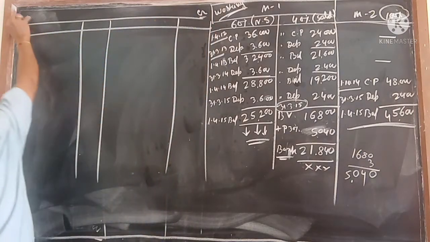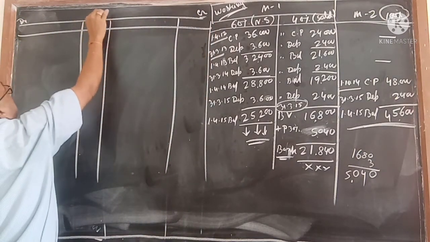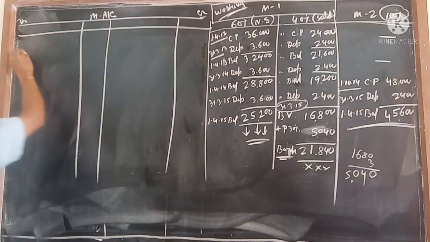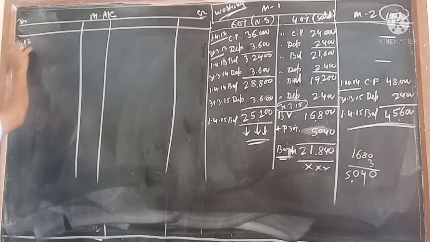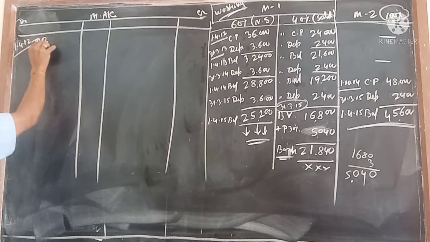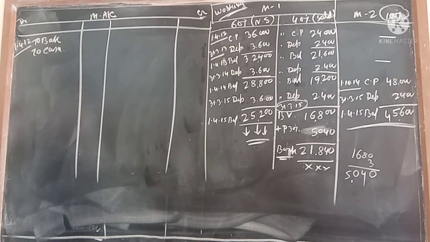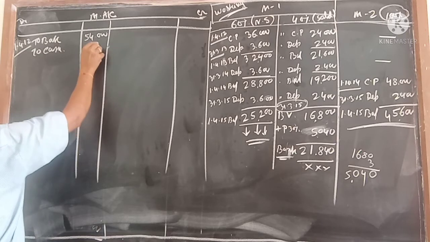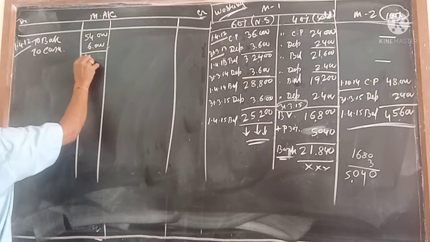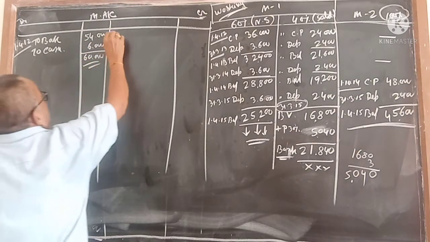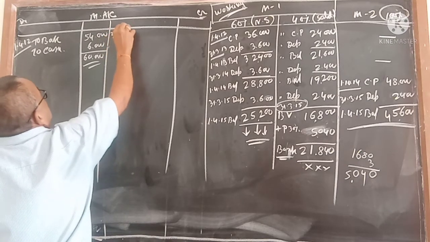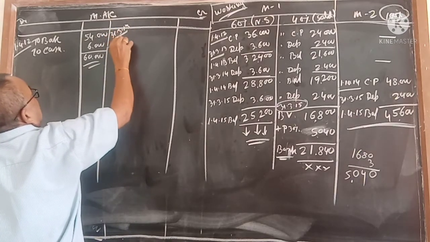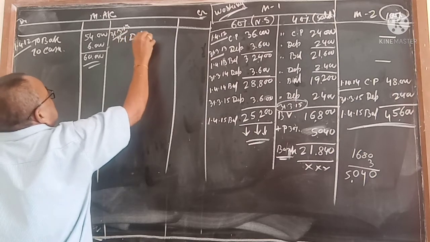This is the machinery account. How I am doing, look at the board. 1/4/12, to bank, to cash. I remember it, is it not? 54 plus 6, is it not? This is 60. And 31st 3/13 by depreciation.